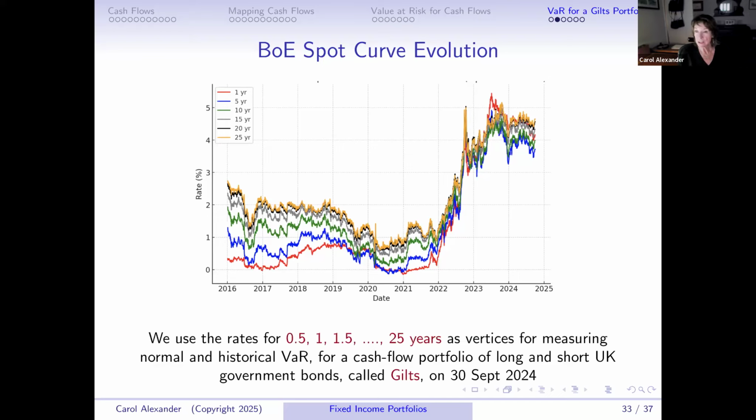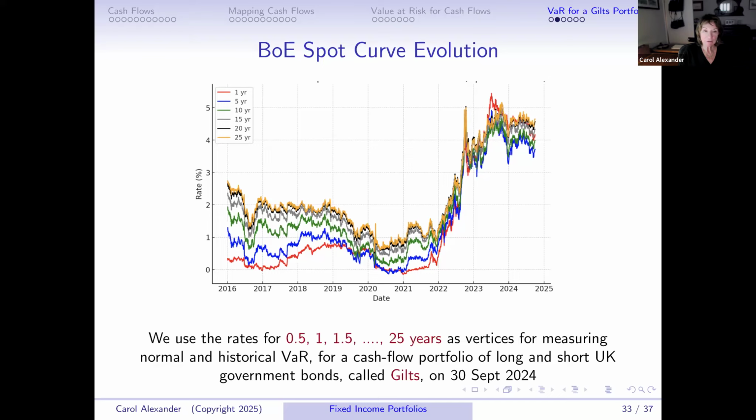So neither do you need to do the mapping for the cash flows coming at all different points. Neither do you need to calculate the PVO1. I've given you that vector of PVO1s. So gilts are, of course, UK government bonds, and they have various different maturities.